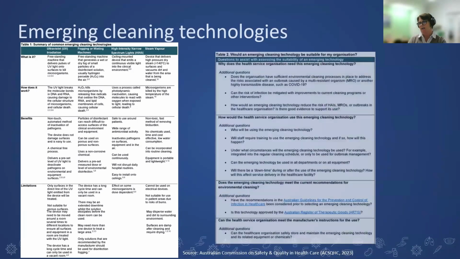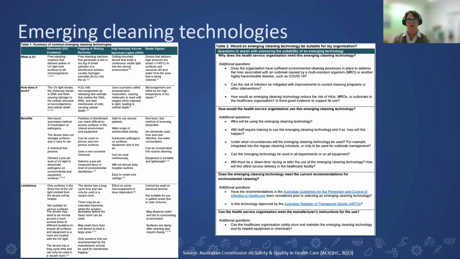So if you are considering emerging cleaning technologies, again, there are some questions that you have to think about for your practice and organisation. Does your practice actually need to use an emerging cleaning technology? Would your practice actually use this technology? How would you use it? Does it meet the current recommendations for environmental cleaning?